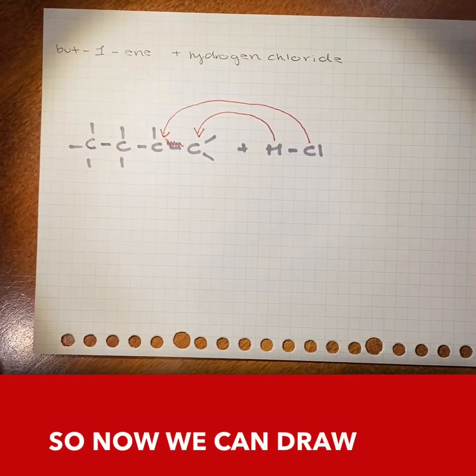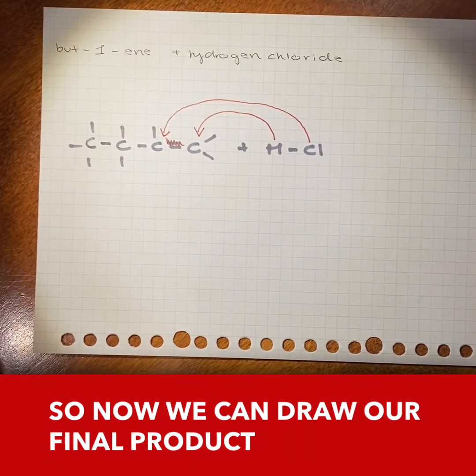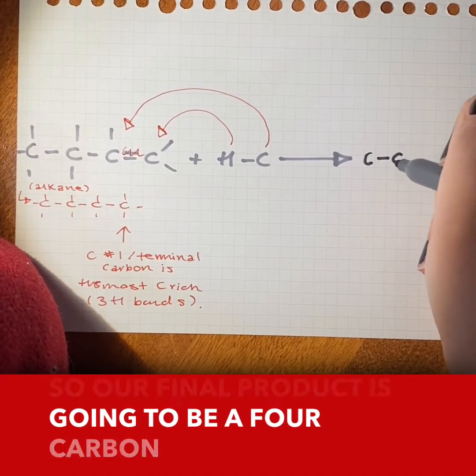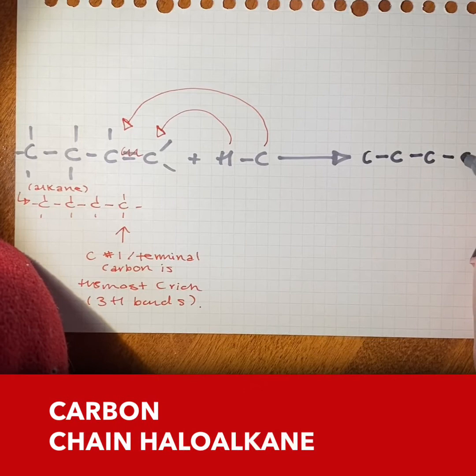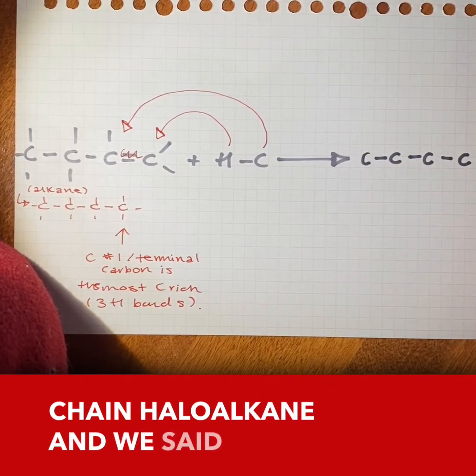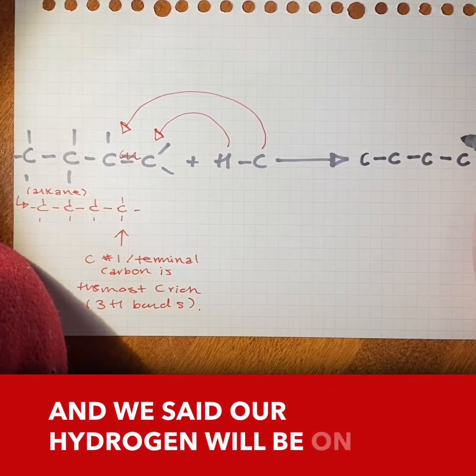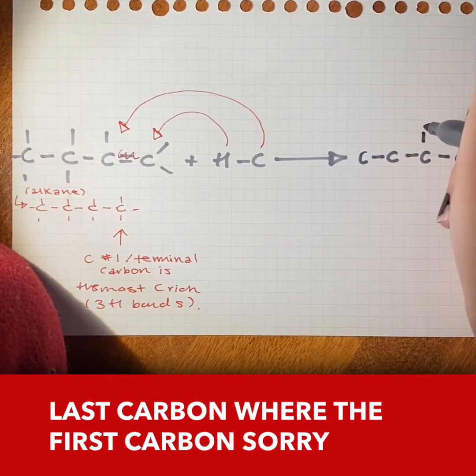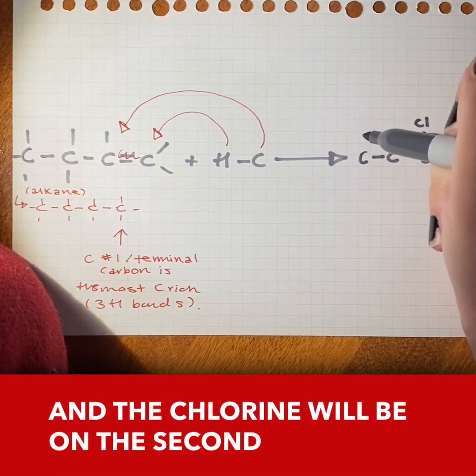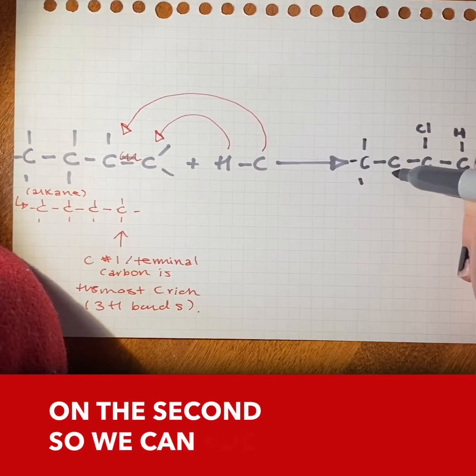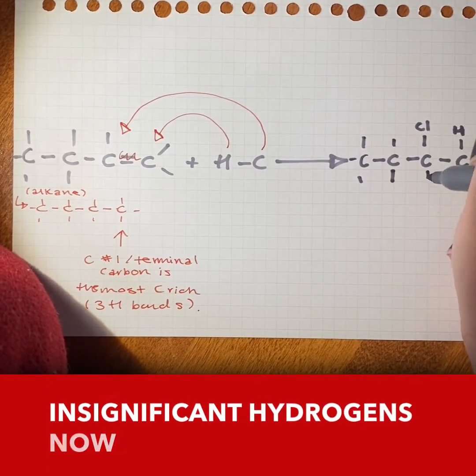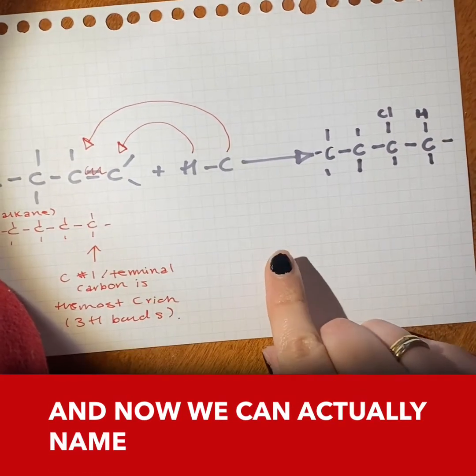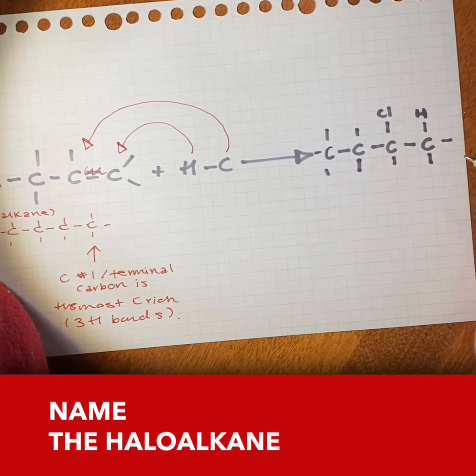So now we can draw our final product. So our final product is going to be a 4-carbon chain haloalkane, and we said our hydrogen will be on the last carbon, or the first carbon, sorry, and the chlorine will be on the second. So we can add the significant hydrogens now. And now we can actually name the haloalkane.